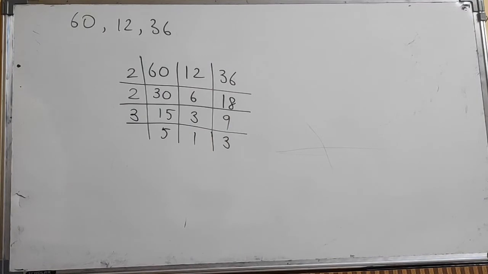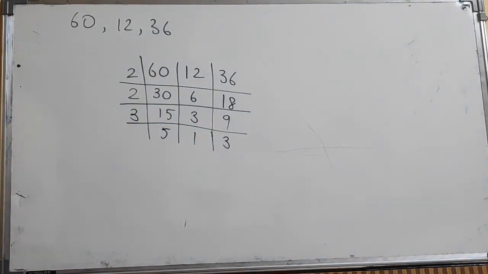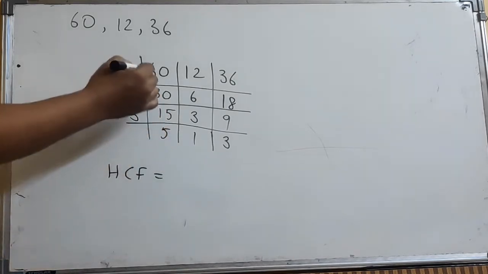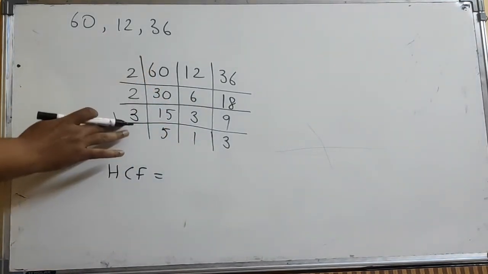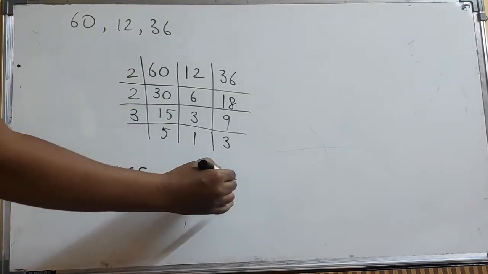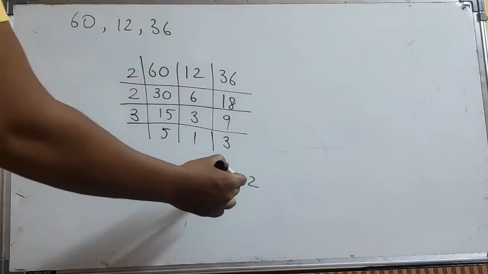If you look at these three numbers, you cannot find a common number which can completely divide these three numbers. So our factorization stops at this. So the HCF is, we'll look at these numbers over here. HCF is 2 multiplied by 2 multiplied by 3, that is equal to 12. So the HCF is 12.